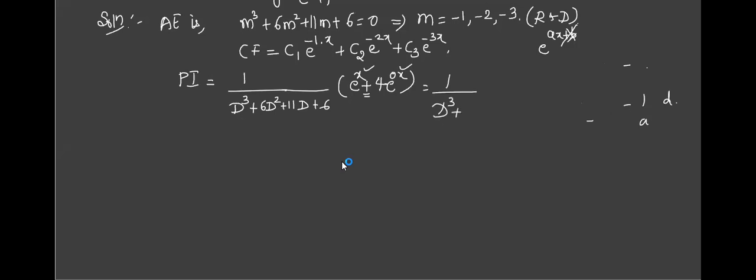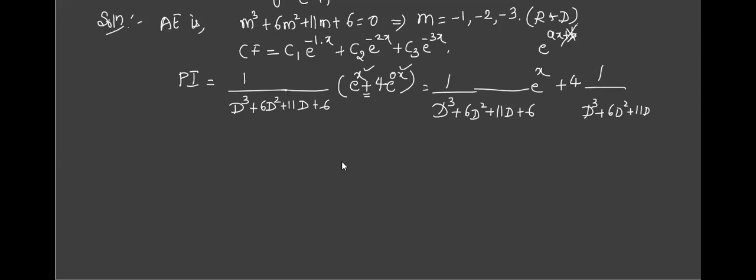D cube plus 6d square plus 11d plus 6 operating on e raised to x. Now, when it is 4 into e raised to 0x, what can I take out? 4 can be taken out. So remaining is d cube plus 6d square plus 11d plus 6 operating on e raised to 0x.